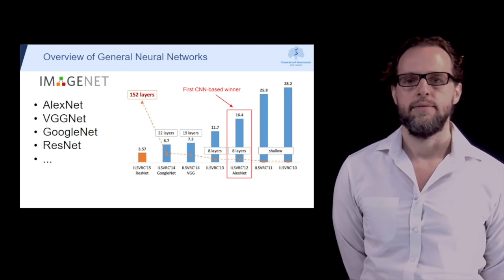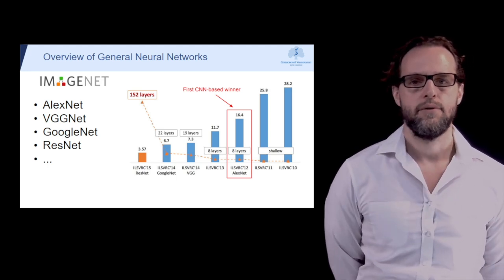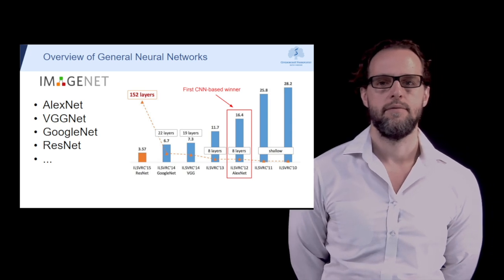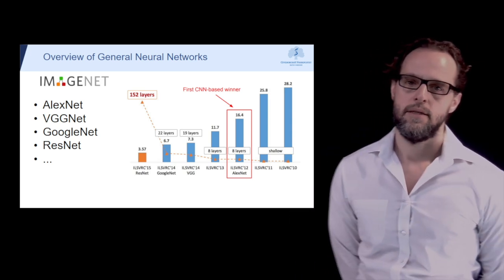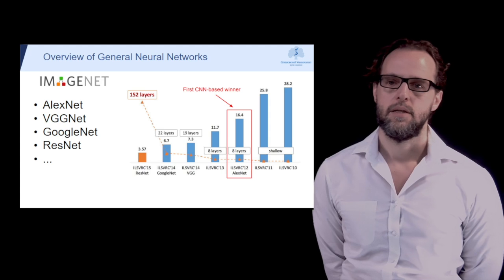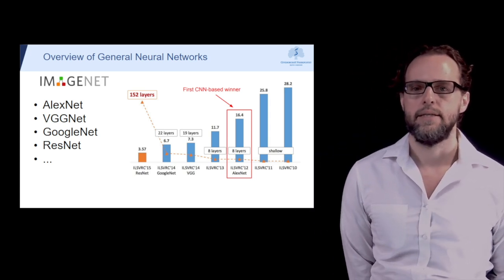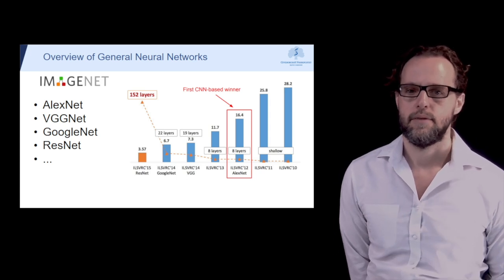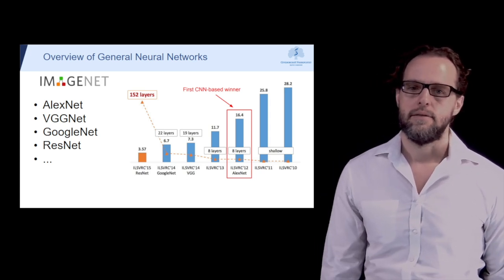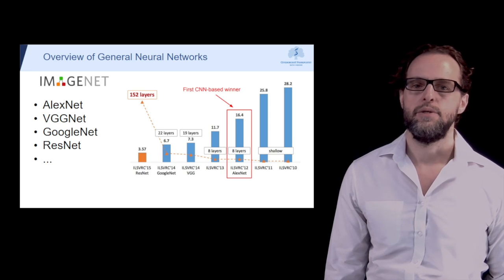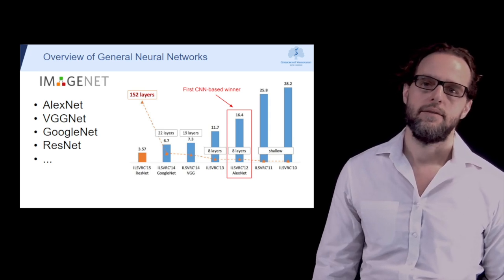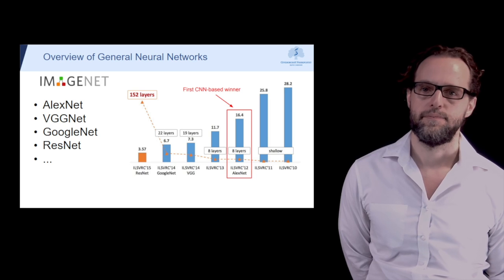As of 2017, the database contained more than 14 million images divided into 21,000 categories. The most famous activity related to ImageNet is the challenge, during which the best results were published.